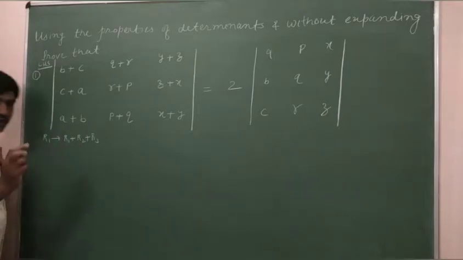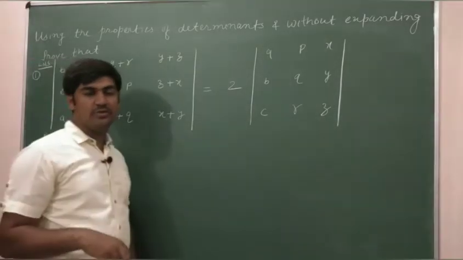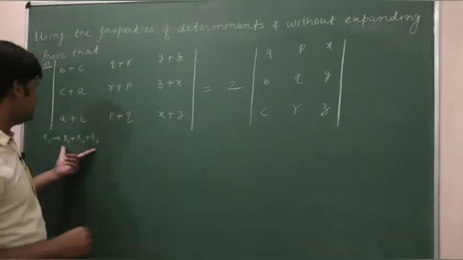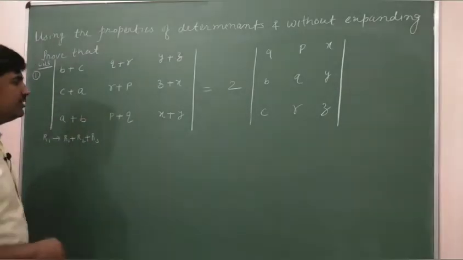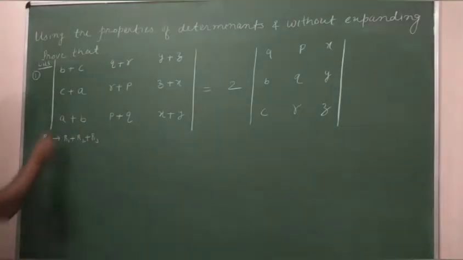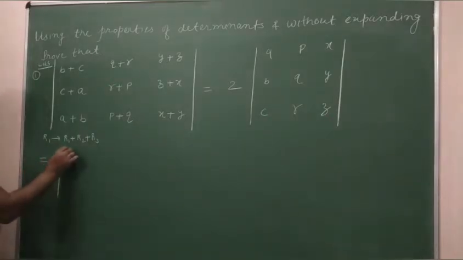So you have to understand here that we can use this property in any determinant. The value of the determinant does not change, hence the value of this particular determinant will become, dear students, after this: here we will be getting a plus b plus c is twice of a plus b plus c.